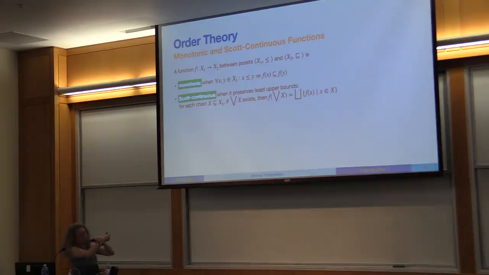We say a function is continuous, or Scott continuous in particular, when it preserves the least upper bounds of each chain in the first poset. So if we have a least upper bound and we apply the function, then we obtain the least upper bound of the elements after we apply the function.